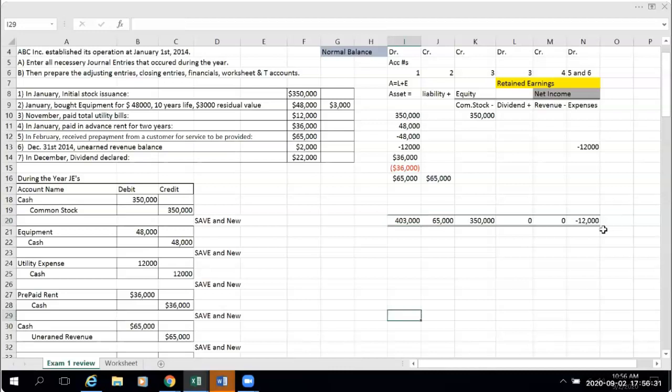Okay, so now if you look, the liability plus equity section equals the assets. So if I show you, let's say here, equals that box plus that box plus that box plus that box and plus that, enter.